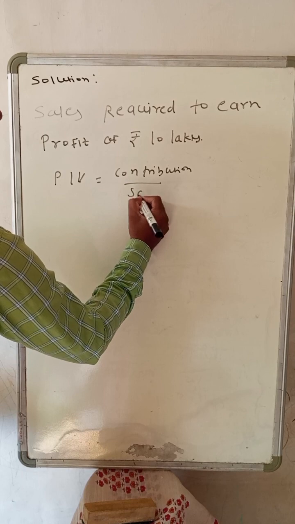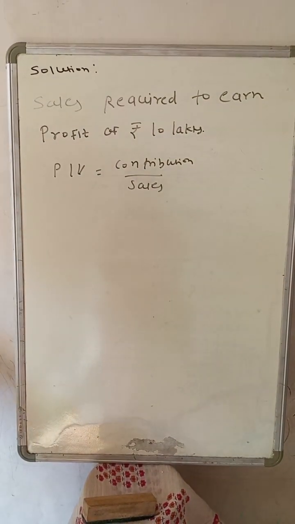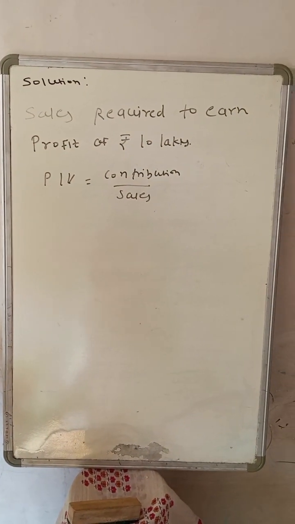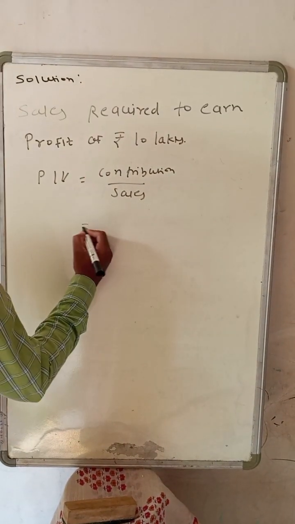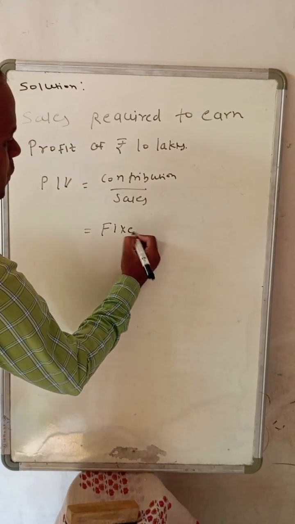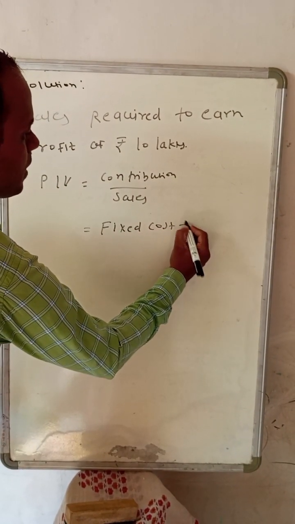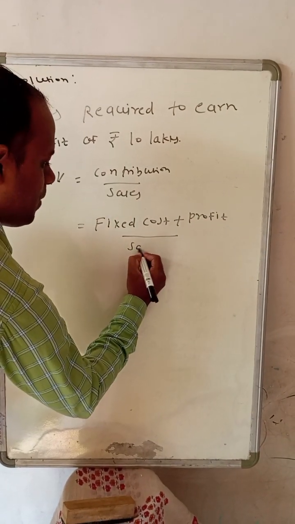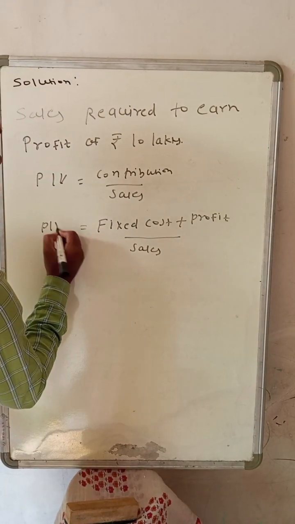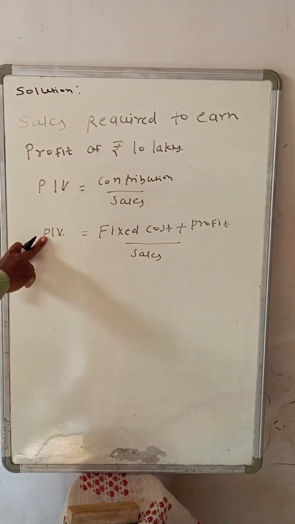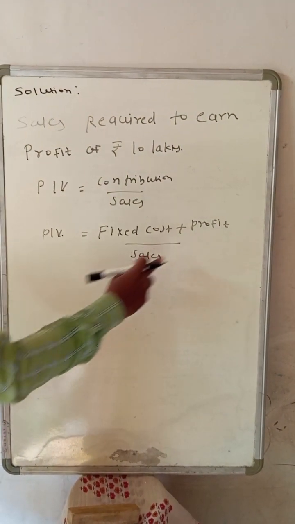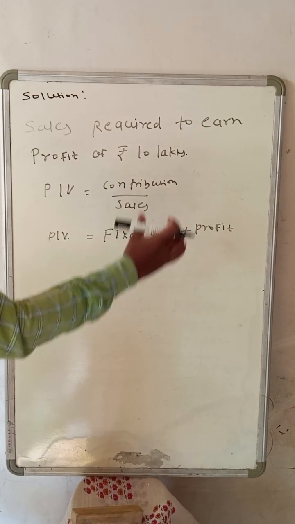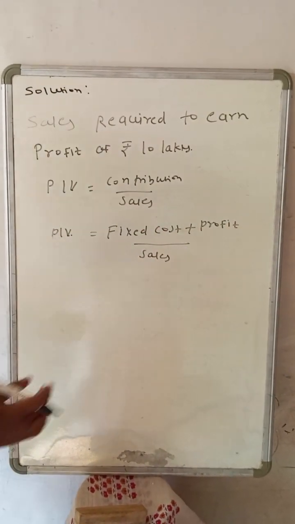PV ratio is equal to contribution divided by sales, and contribution is equal to fixed cost plus profit. So your revised formula is PV ratio is equal to fixed cost plus profit divided by sale.